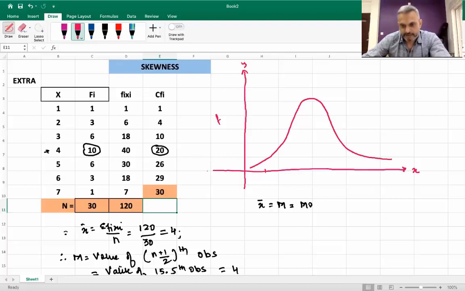So we will get a bell-shaped curve. When I join these plots, you will get a curve which is of a bell shape.